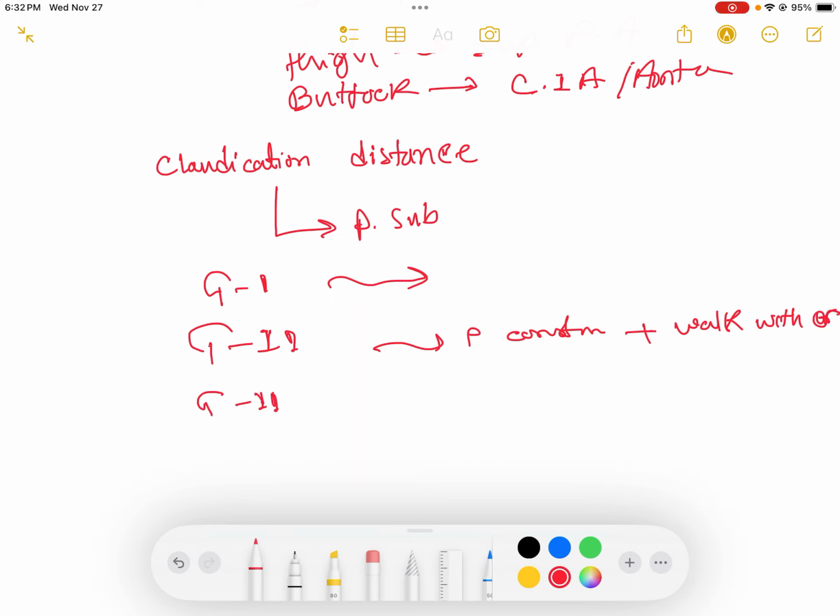In grade 3, the pain compels the patient to take rest. These are called Boyd's classification.